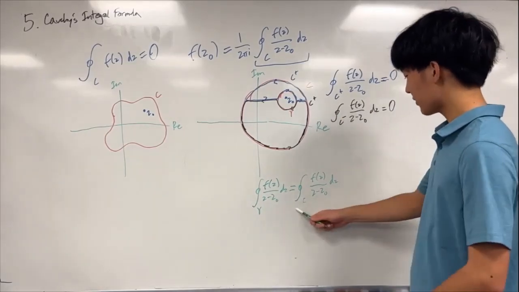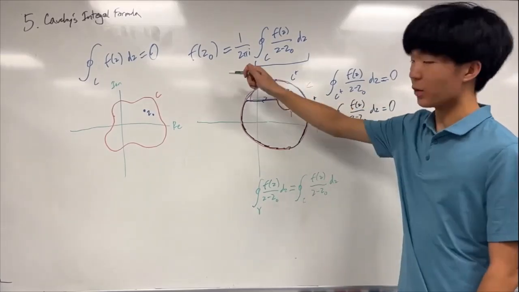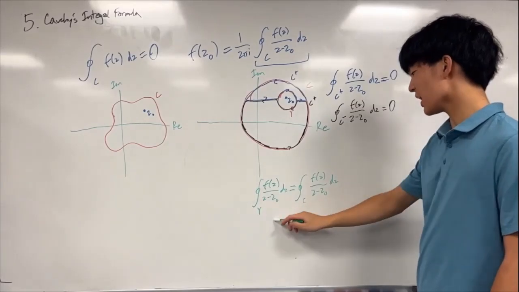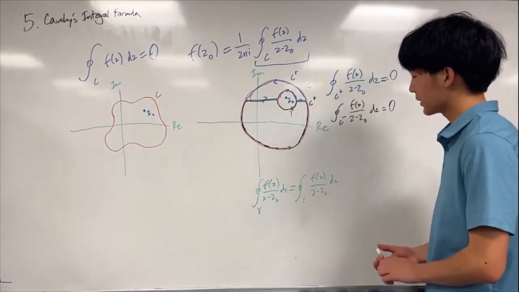Now, we have this bit, which corresponds to this bit in Cauchy's integral formula. So where do we get the f(z sub 0) and the 1 over 2 pi i from the other side? Well, let's do a little work on that side.